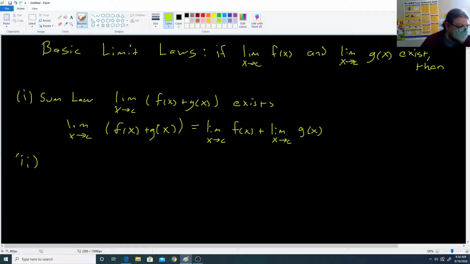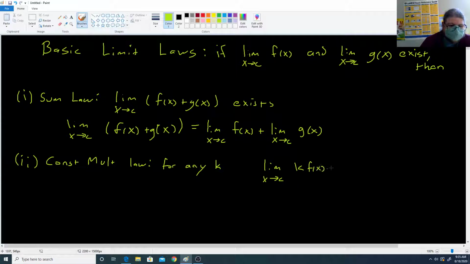All right, second, we have the constant multiple law. We'll say for any k, the limit as x approaches c of k times f of x exists.